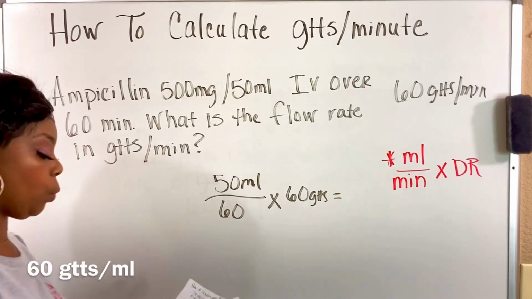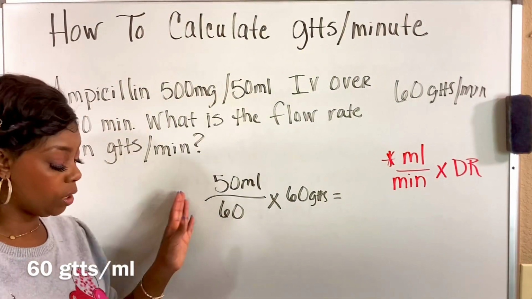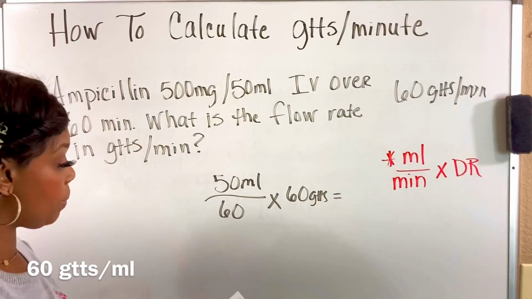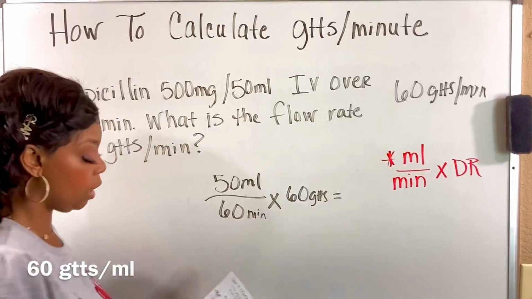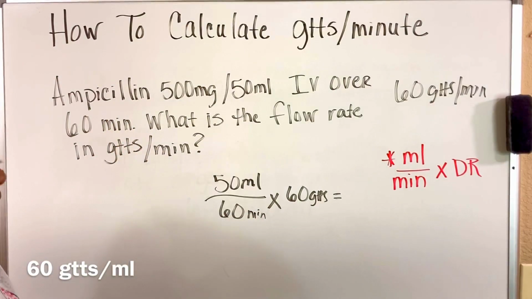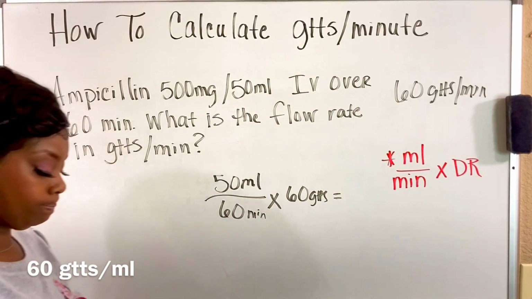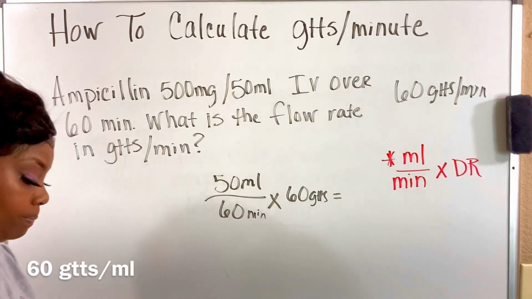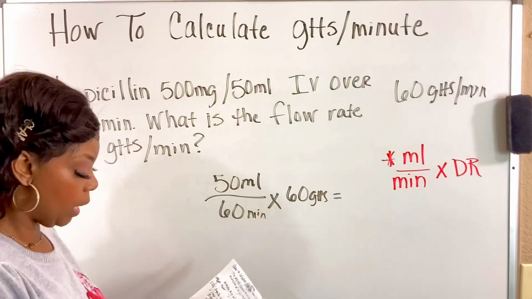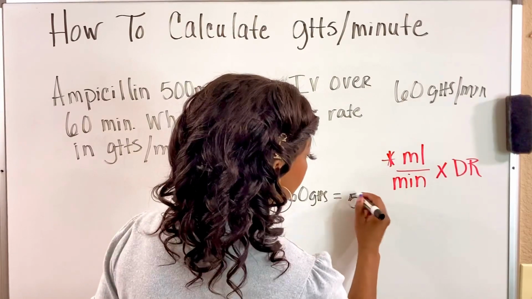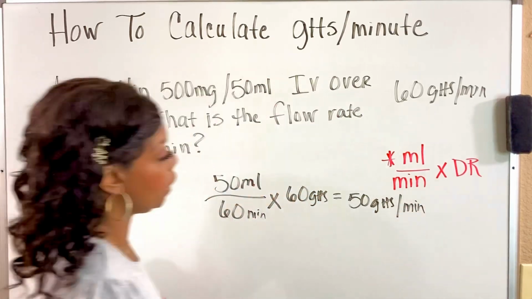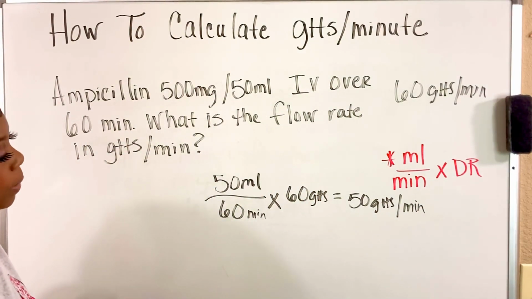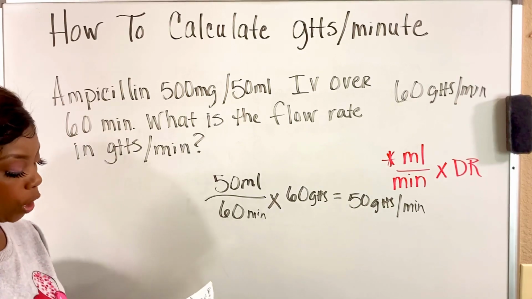All right, and if you will, divide 50 milliliters by 60, go straight into your multiplication key, times 60, okay? And this is our second one. This one is going to be 50 drops per minute. Okay, that's how many drops this patient is going to be receiving per minute.